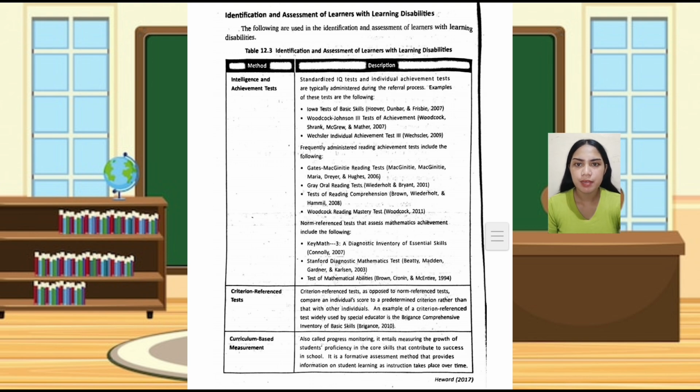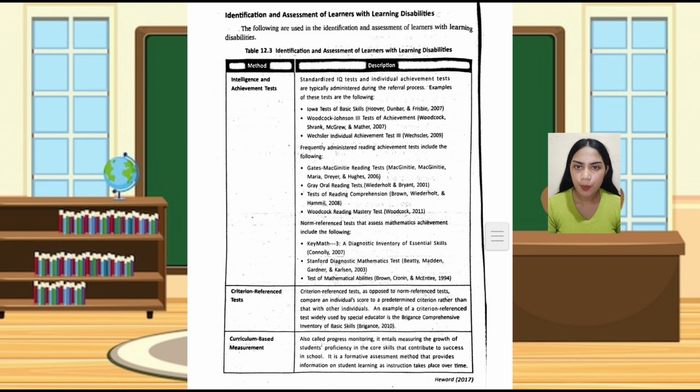Accurate assessment is essential for identifying learning disabilities and ADHD, allowing educators and specialists to provide the right support. Different types of assessment help evaluate a student's strengths and weaknesses. First, the intelligence and achievement tests.